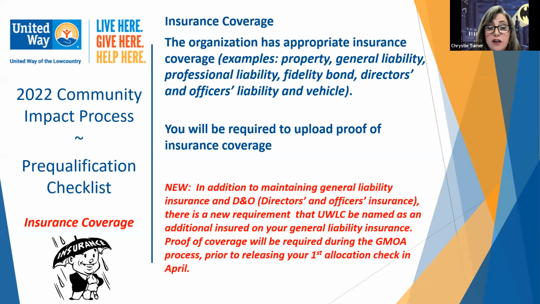So this isn't a right now thing. You don't need to go ahead and add us right now. Only if you receive a grant, an award, do you need to add us to your policy. And it's as simple as calling them. It doesn't cost anything. There's no cost increase to you as the agency.